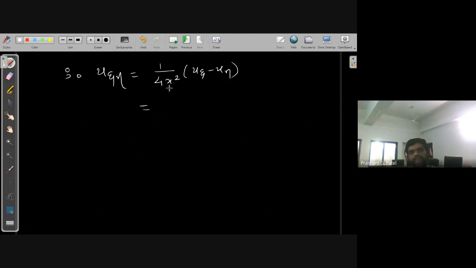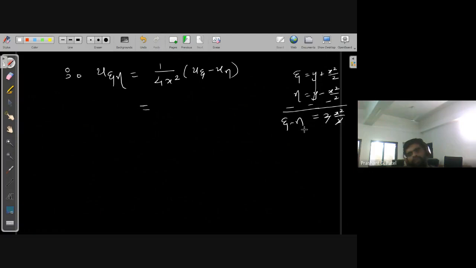And again this x is still there, we have to convert this x into xi and eta. The value of xi is y plus x square by 2, and the value of eta is y minus x square by 2. If I subtract these two equations, then this will be xi minus eta, and this y will get cancelled out, and this will become 2 times x square by 2.